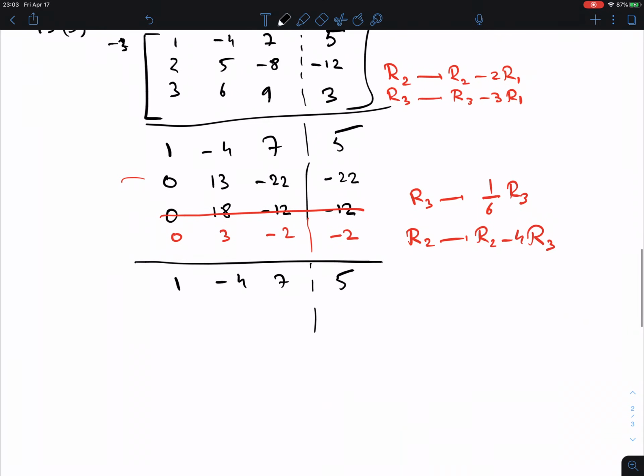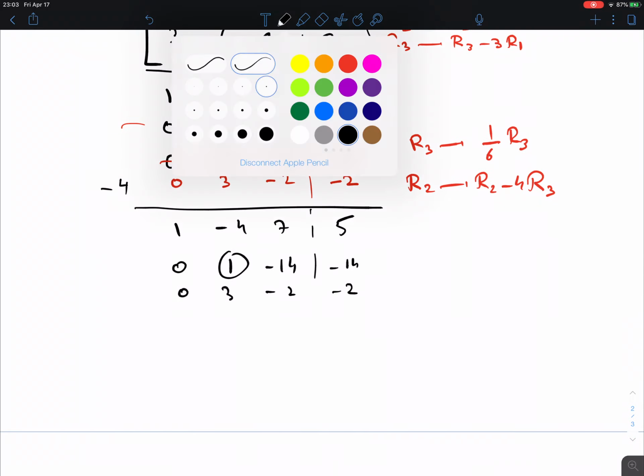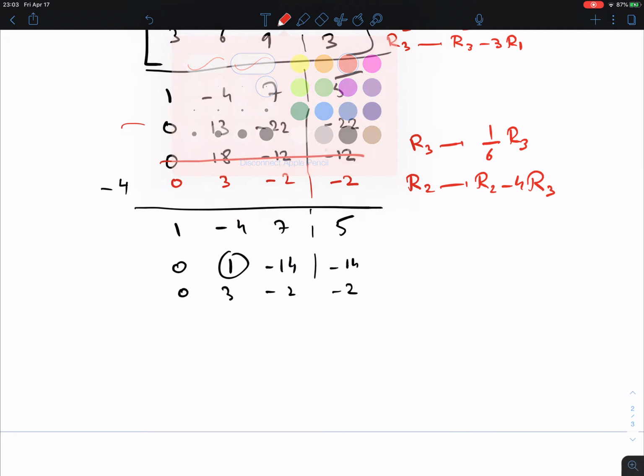I'm multiplying this with -4, right? So I get 0. -12 plus 13, that's the one I wanted. 8 minus 22 is -14, and 8 minus 22, well, it's -14, same thing. 0, 3, -2, -2. See, that's how I don't have to deal with the fraction, at least not now. Probably at some point I have.